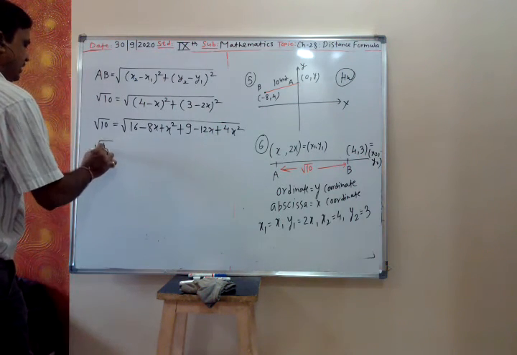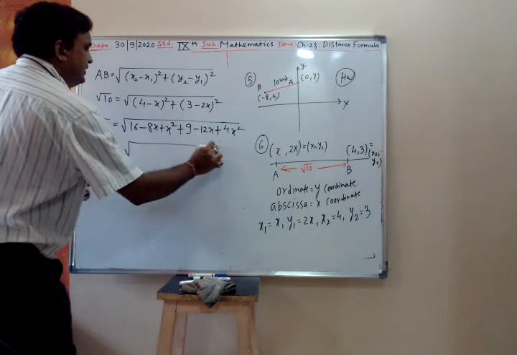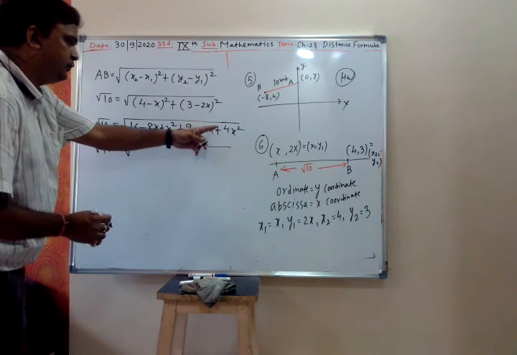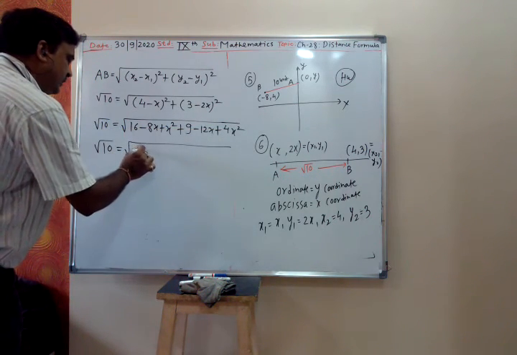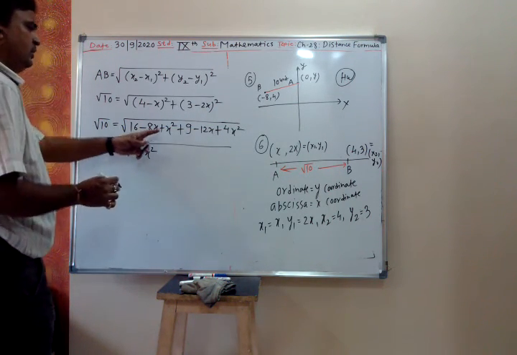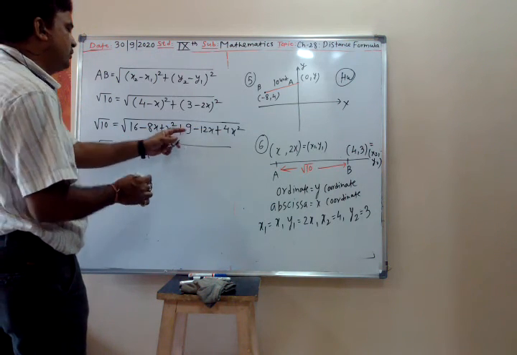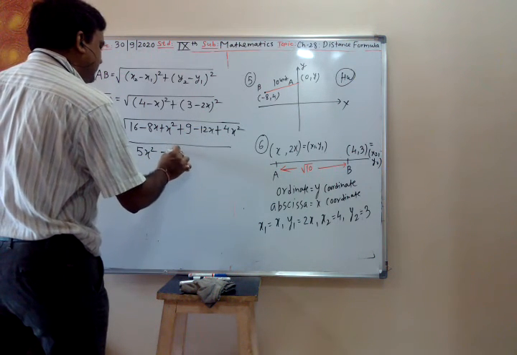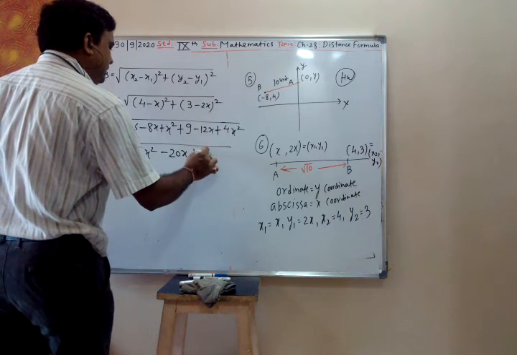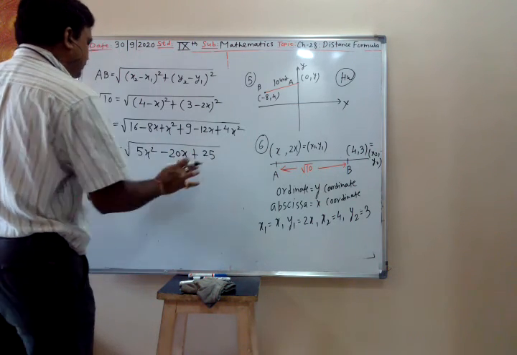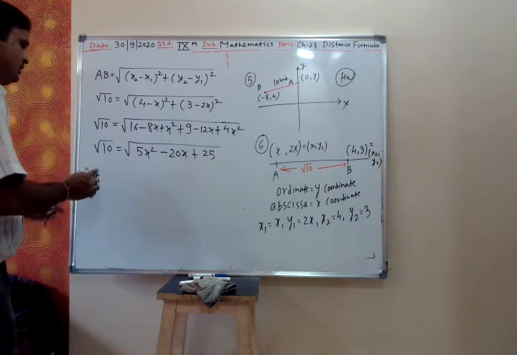So you will get root 10 is equal to the square root of, simplifying this, x square plus 4x square is 5x square, minus 8x minus 12x is minus 20x, then 16 plus 9 is 25. Now I have square root on both the sides, so I will square both sides.